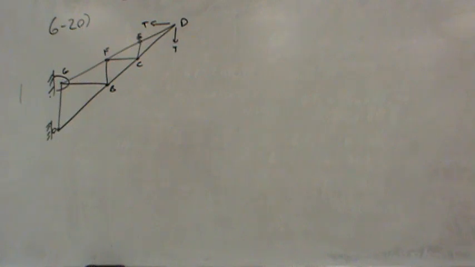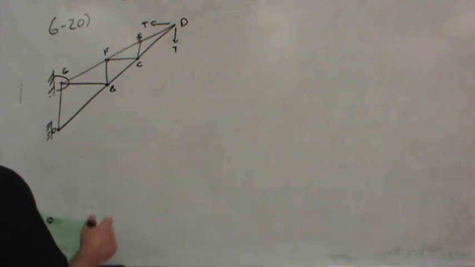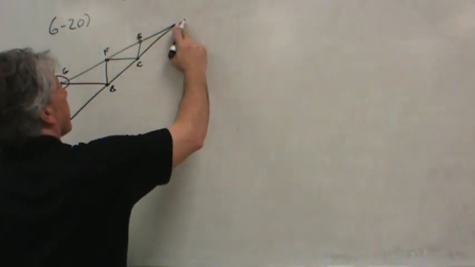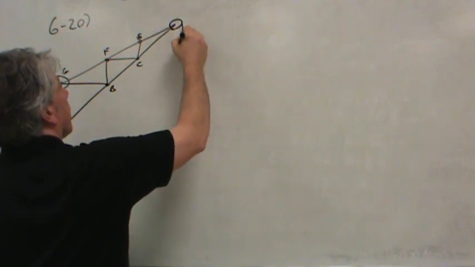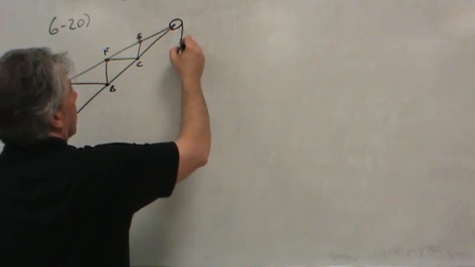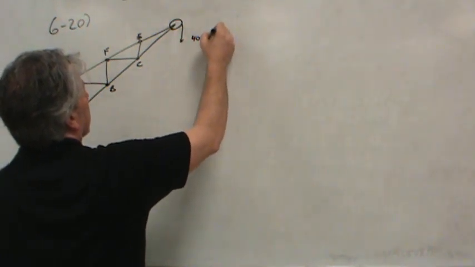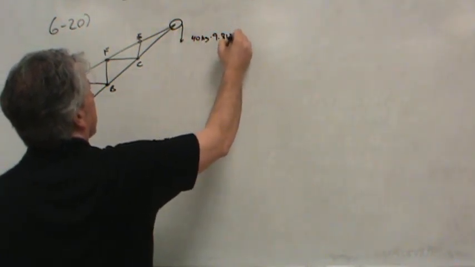Now, one detail about this is that there's actually a load I'm not showing here, as well as a pulley. I guess I should go ahead and draw it that way to make it clear so you can understand what's going on. So let's put a pulley here. And there's a load, it's 40 kilograms, but in order to calculate its weight, we have to multiply by 9.81 meters per second squared.